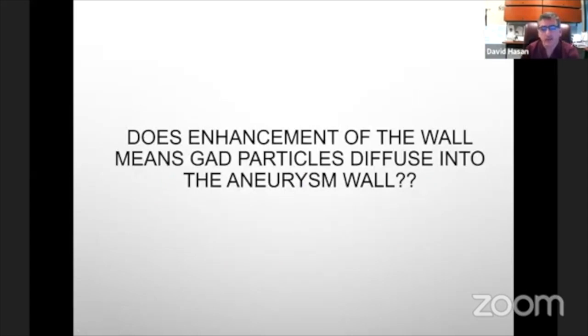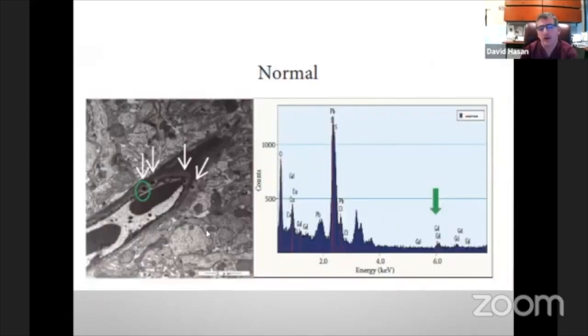So the next thing is we wanted to know if the gadolinium particles actually diffuse inside the wall, not just at the interface, but do go inside the wall and hence give you that enhancement. This is a control tissue. You could see here if the gadolinium is within the tissue, on the spectroscopy, electron microscopy, you can pick up a little peak of gadolinium.